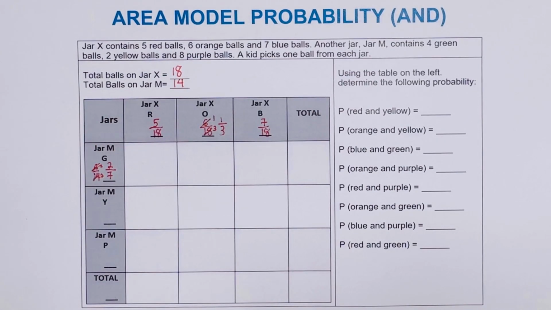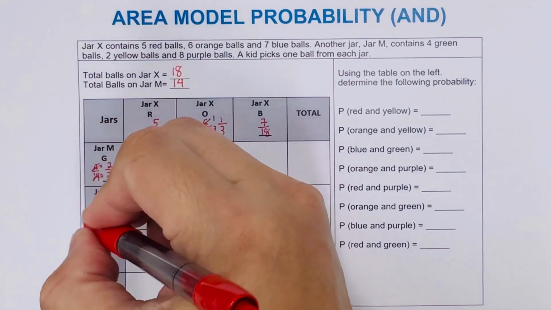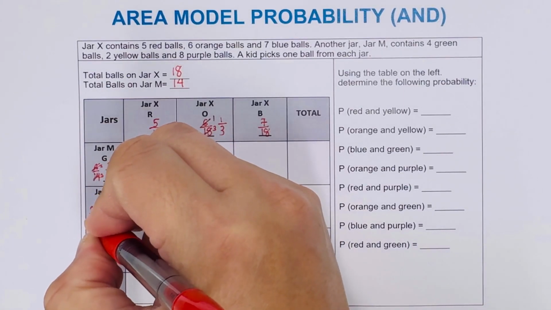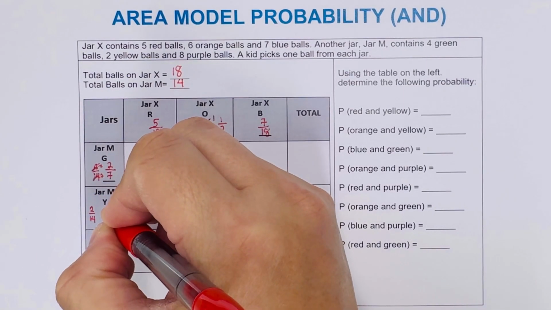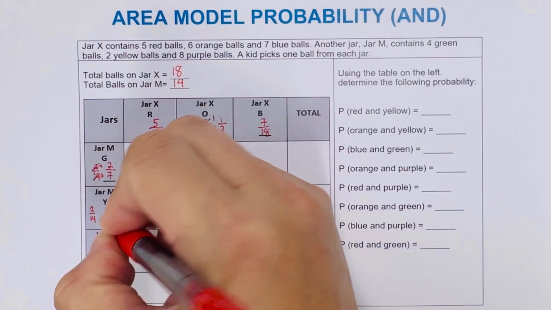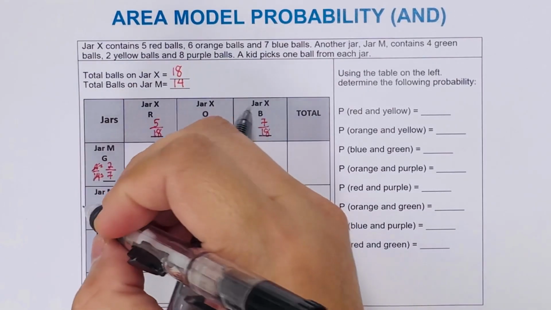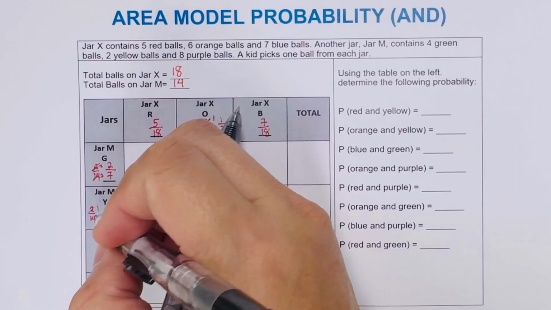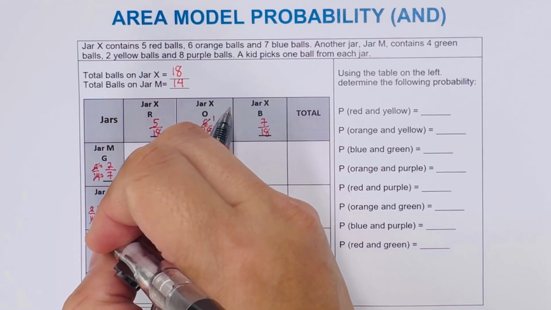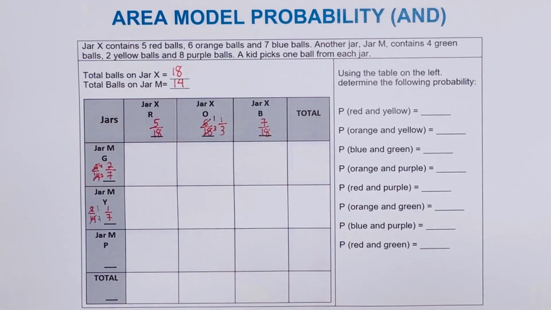What about how many yellow are there? For the yellow, that's 2 out of 14. So pretty much this is 1 out of 7, because again, we reduce it. There's 1, 2, and 2, and there are 7 2's in 14.